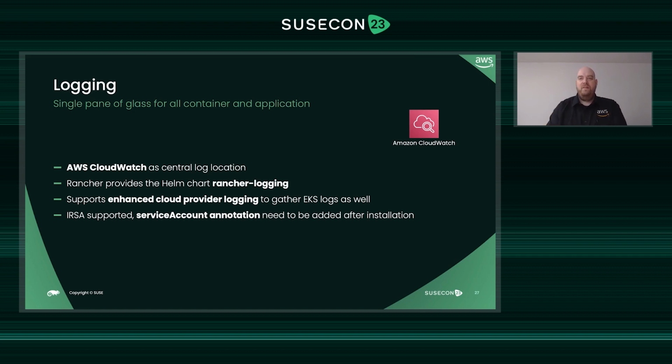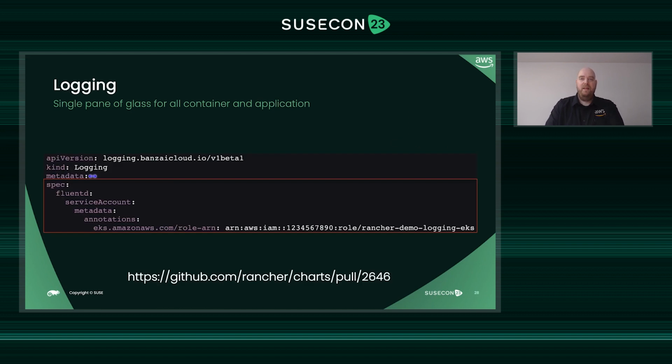When enhanced logging is enabled, EKS logs will also be included in the whole log gathering and forwarding. As of today, the service account annotation that we need for IRSA needs to be configured after the initial installation of Rancher logging. And yeah, that's how it looks.